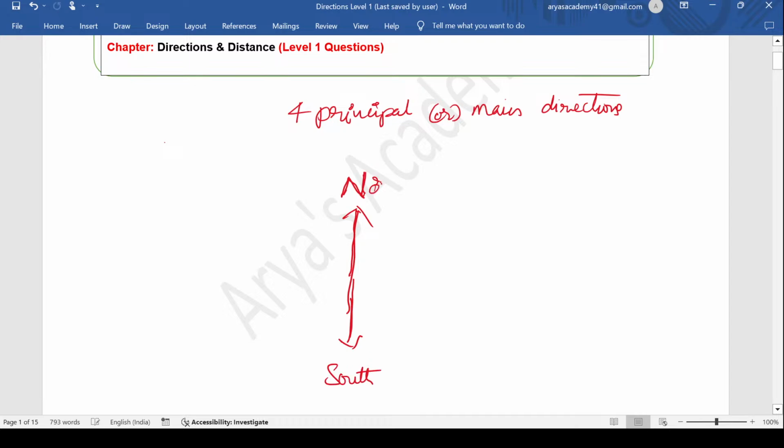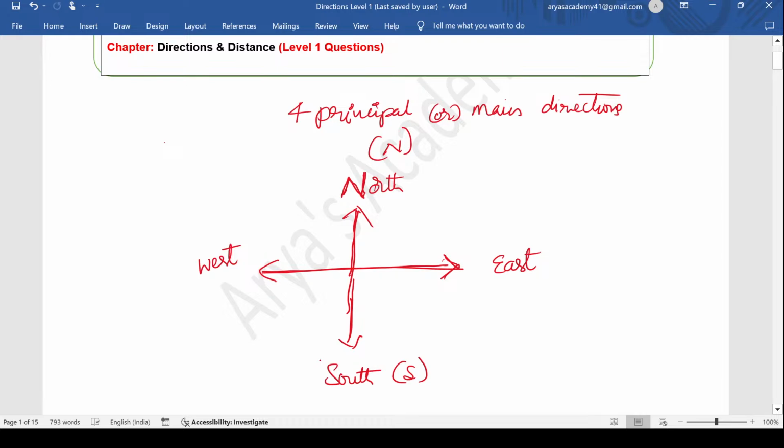Hereafter north will be denoted as capital N, and south as capital S. And this is west, and this is east. These directions will never ever change on paper.